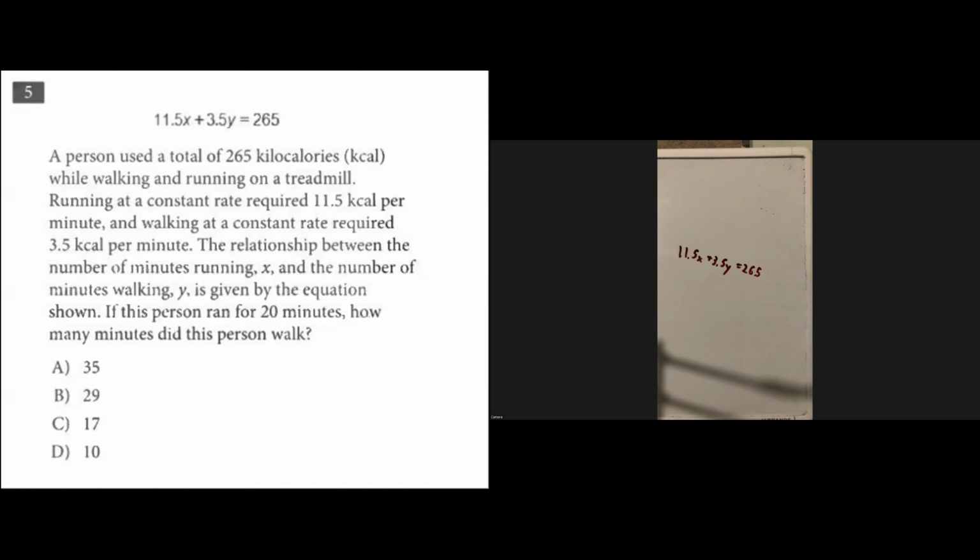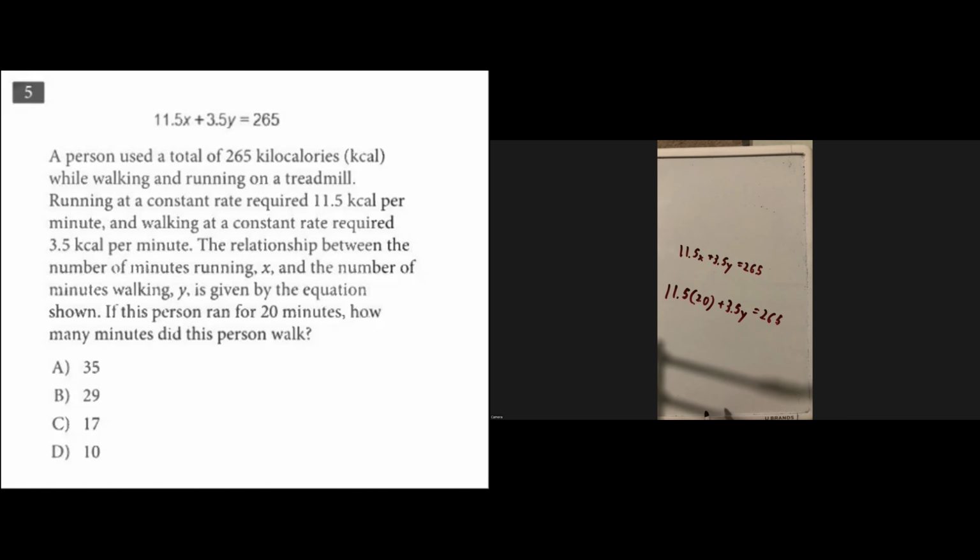And we're given that they ran for 20 minutes. So x is essentially 20. So 11.5 times 20 plus 3.5y equals 265. And we're asked to find y, essentially.